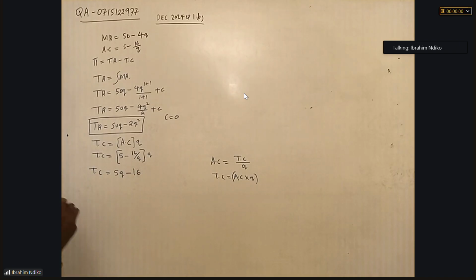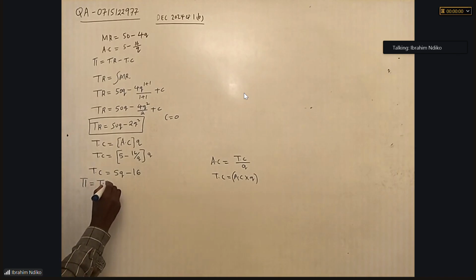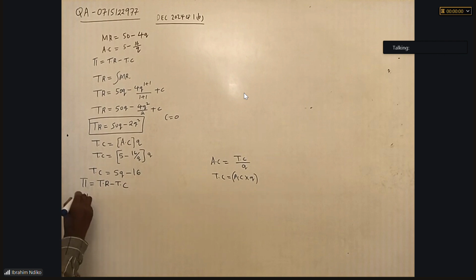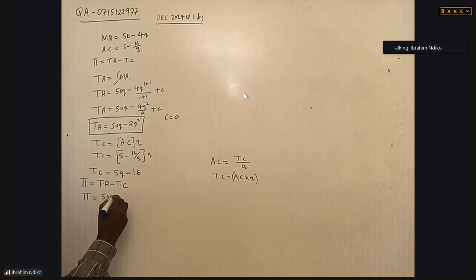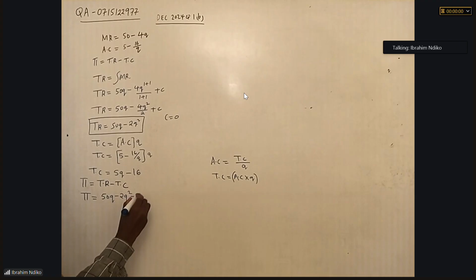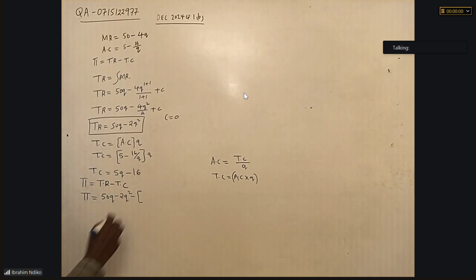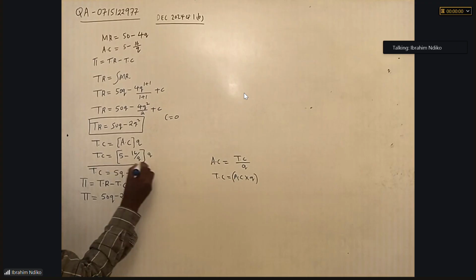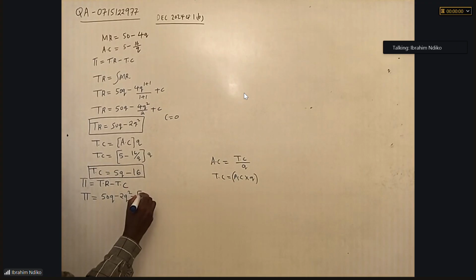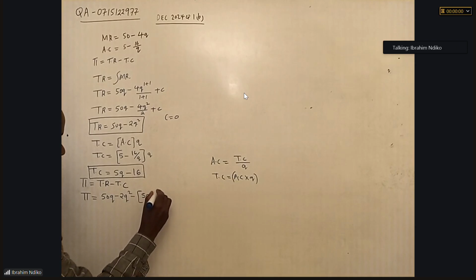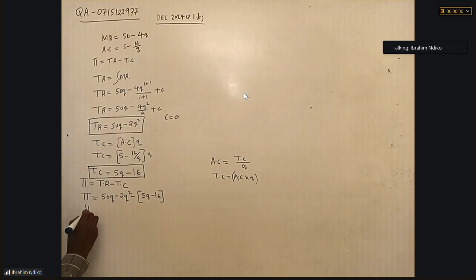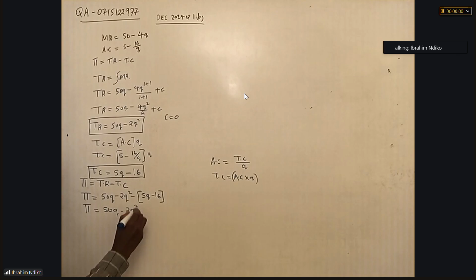So our profit is total revenue minus total cost, which is 50Q minus 2Q squared minus, our total cost, 5Q minus 16. That will be equal to 50Q minus 2Q squared minus 5Q plus 16.